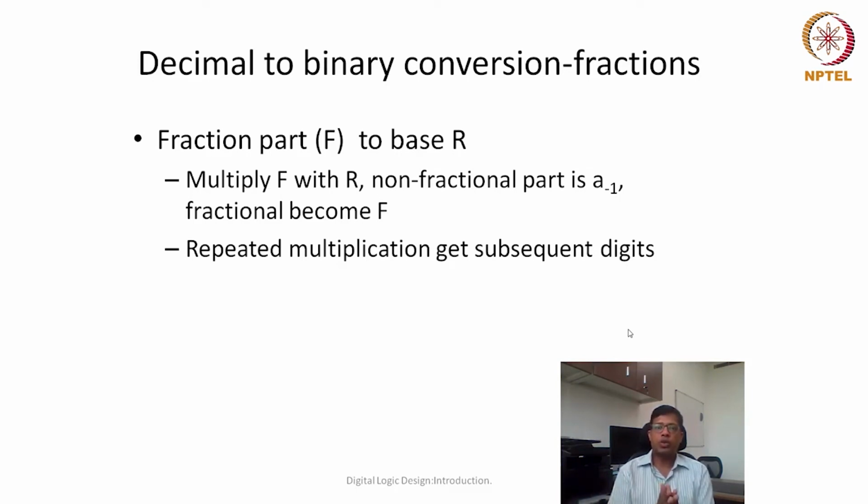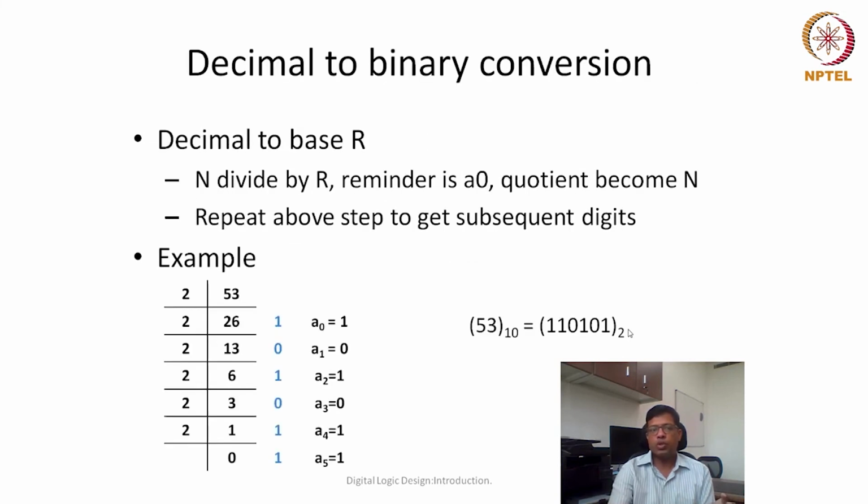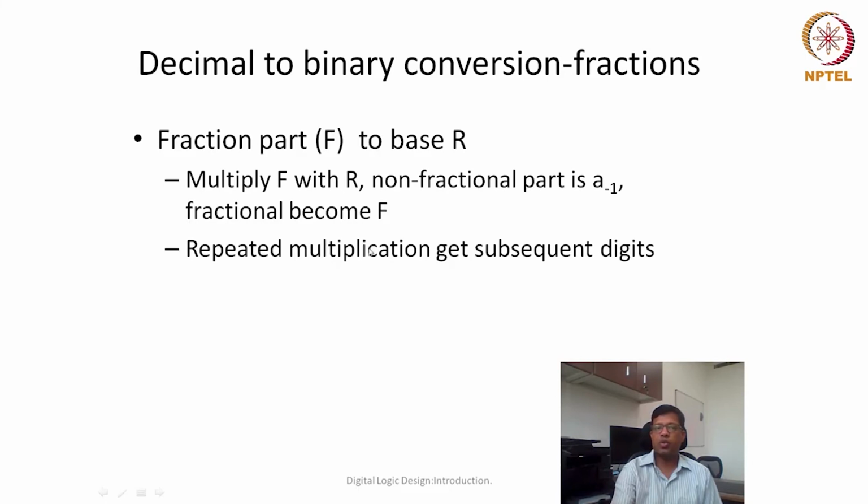We will make two parts of this number, one as an integer part, another as a fractional part. The integer part we will do using the process where we keep on dividing, and the fractional part we'll do using the process we are going to discuss now.